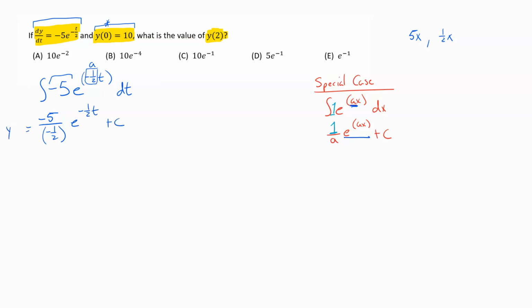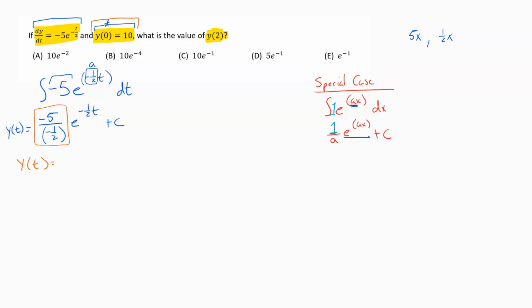Now this is what my original equation equals, my y of t equation. From here we're going to use this initial value to find out what that plus c is. Before I do that, I want to clean this up to make my life easier.